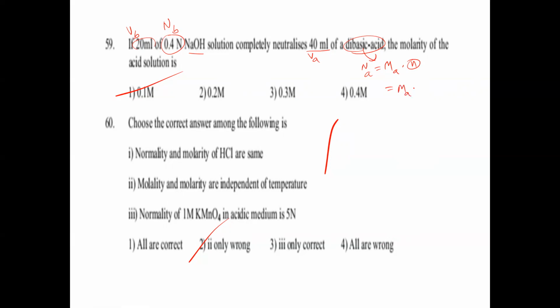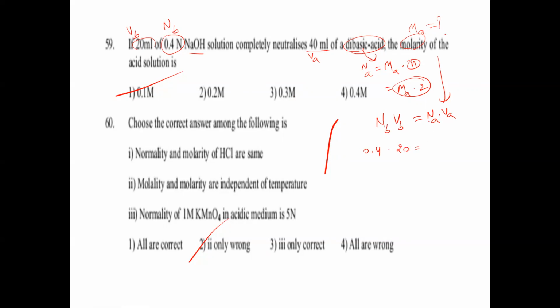So we need Ma into N factor, which is 2 here. Why? Because they mentioned a dibasic acid. So now what is the molarity of the acid solution? Which formula were we applying first? NbVb is equal to NaVa. Again, Nb is given directly as 0.4 normal, and Vb is 20 ml.